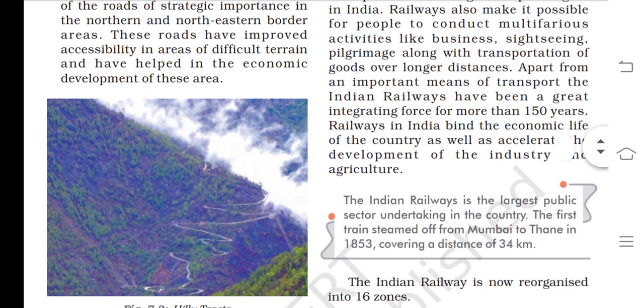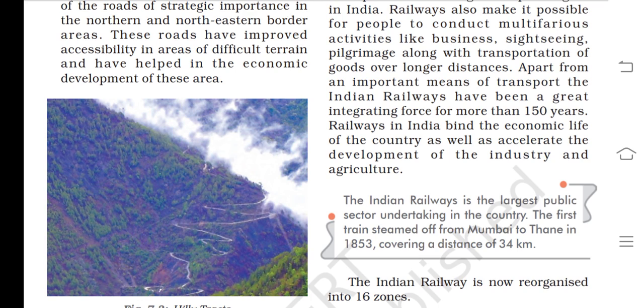Then we have the rail network. Here is the most important information given about the Indian Railways: it is the largest public sector undertaking in the country. The first train steamed off from Mumbai to Thane in 1853, covering a distance of 34 kilometers. It is a very useful and important point which has to be remembered.